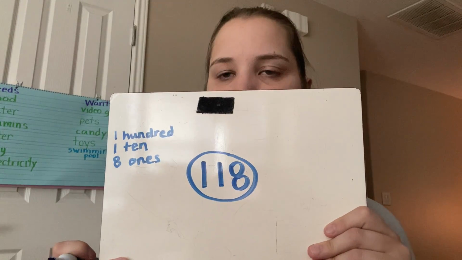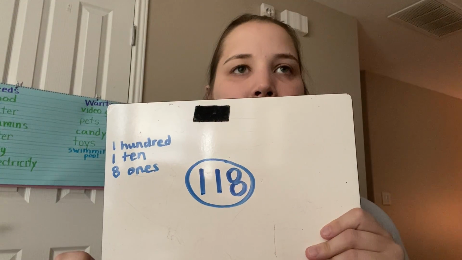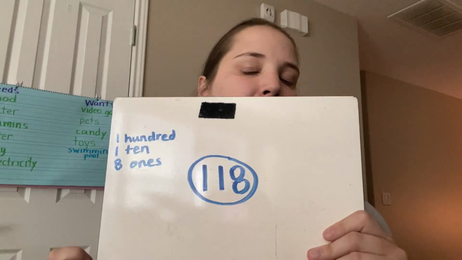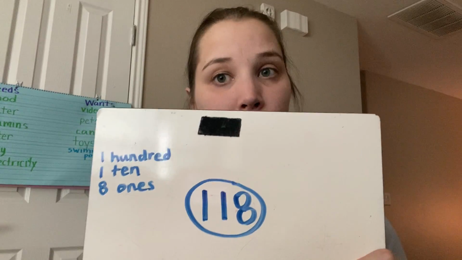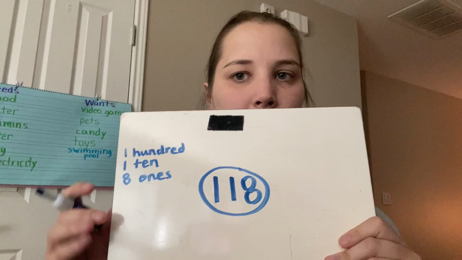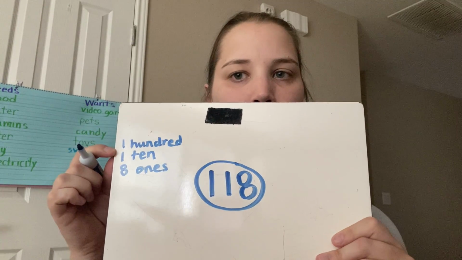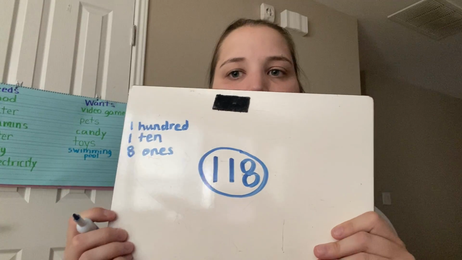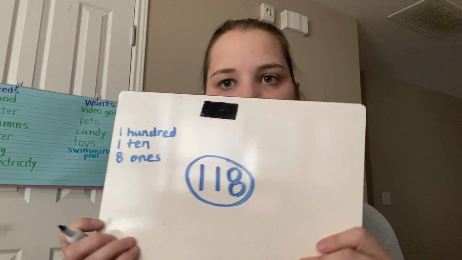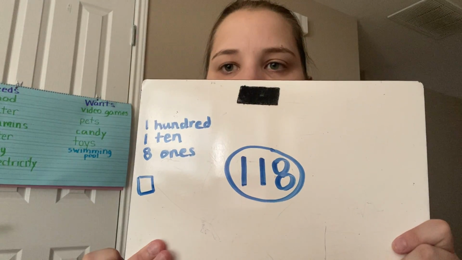Or what are some other ways that we wrote numbers? Somebody would say base 10, and I'd say, okay, how do you want to do that? You could just do it the same way that we wrote up here: 100, 110, and 8 ones. But remember, our 100 is a square, so it's going to look like that.